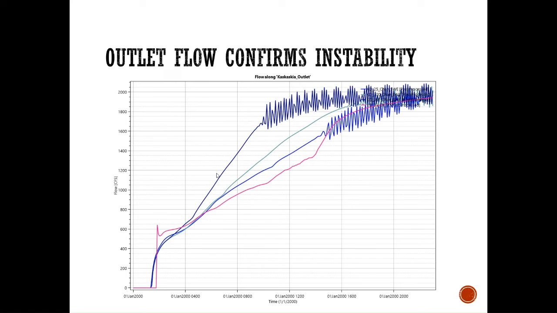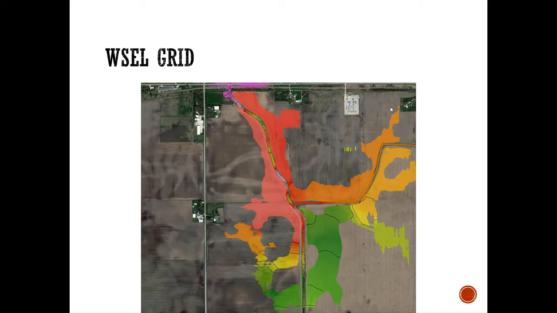And looking at the outflow hydrograph, I was able to confirm that what I was really seeing here was a form of instability in the model. You can see this kind of oscillation here in the outflow, which is a telltale sign of model instability.